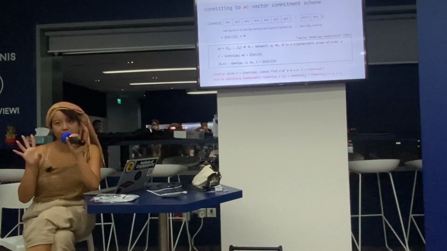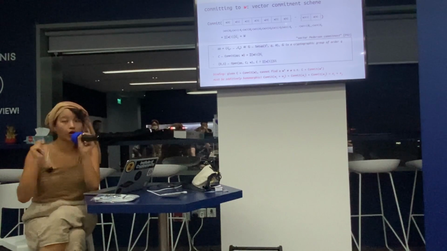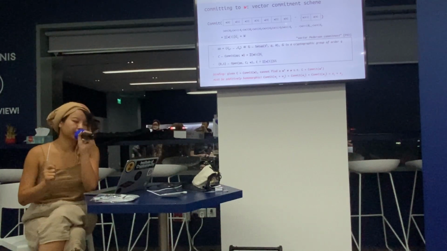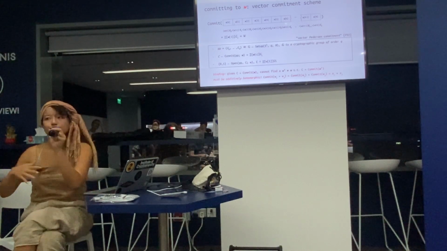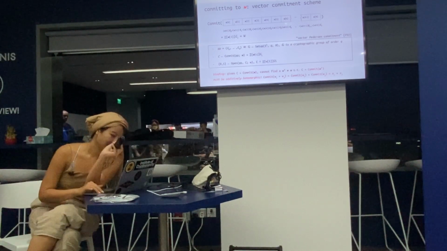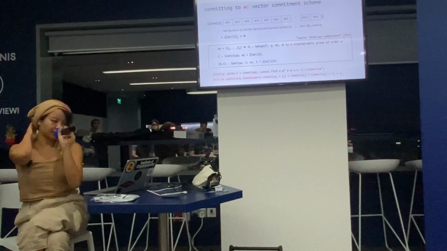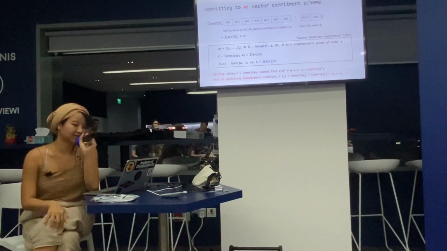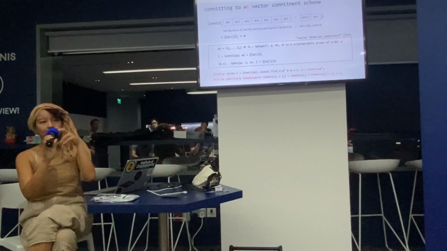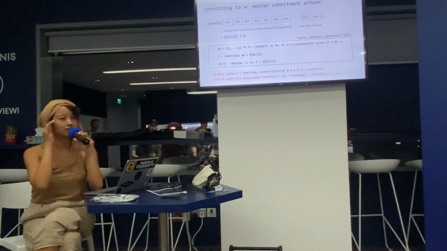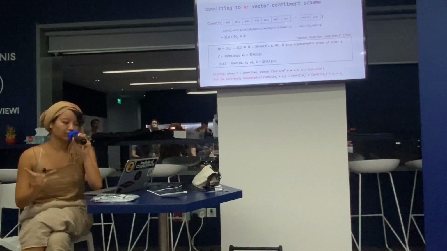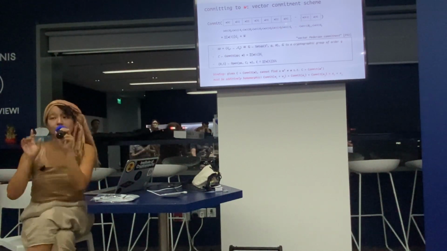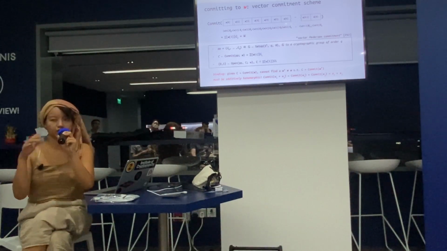Secondly, the commitment is binding, which means that it holds you to that witness and you cannot convince someone else that it actually commits to another witness. And thirdly, it's important for the folding step that this commitment scheme is additively homomorphic. If you recall from Weijia's talk, this means that adding two commitments is equivalent to committing to the sum of the two original witnesses.